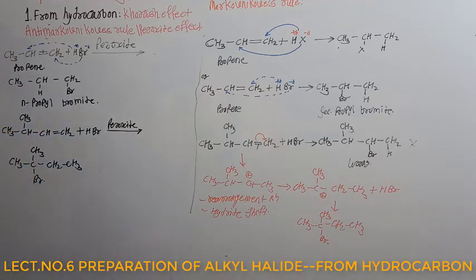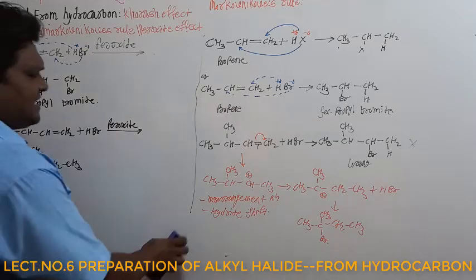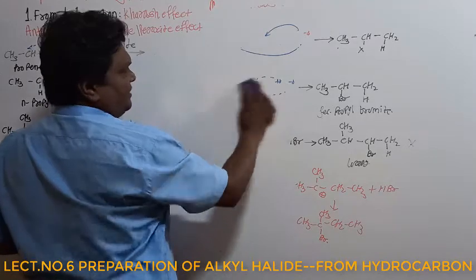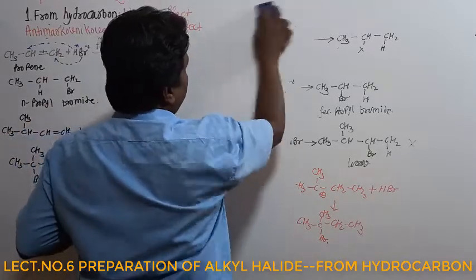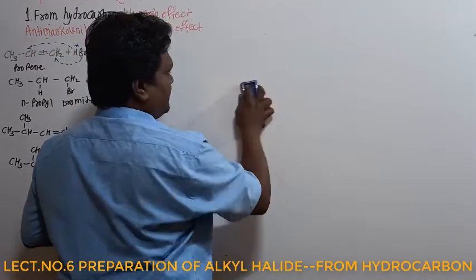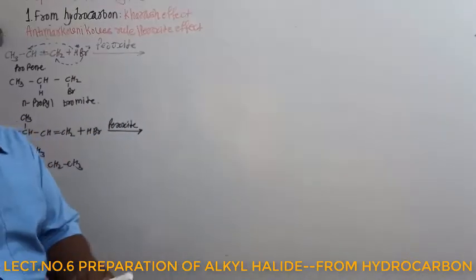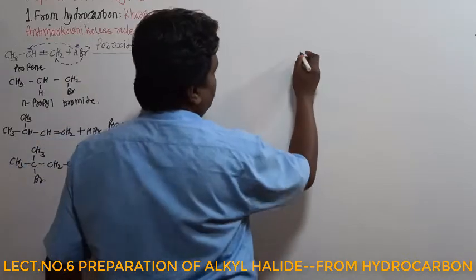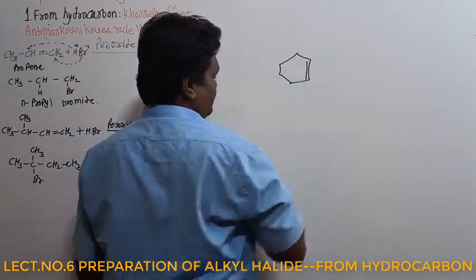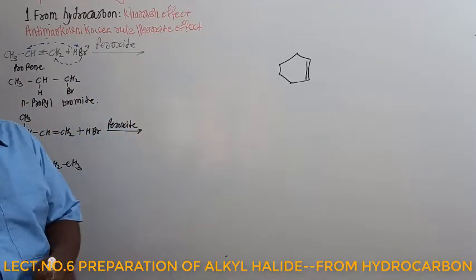Let's start with the next one. You will see one example which contains both the Markovnikov rule and the anti-Markovnikov rule. Let's see what we get now. Now, if I'm going to reuse this, let's see what will happen to this reaction.